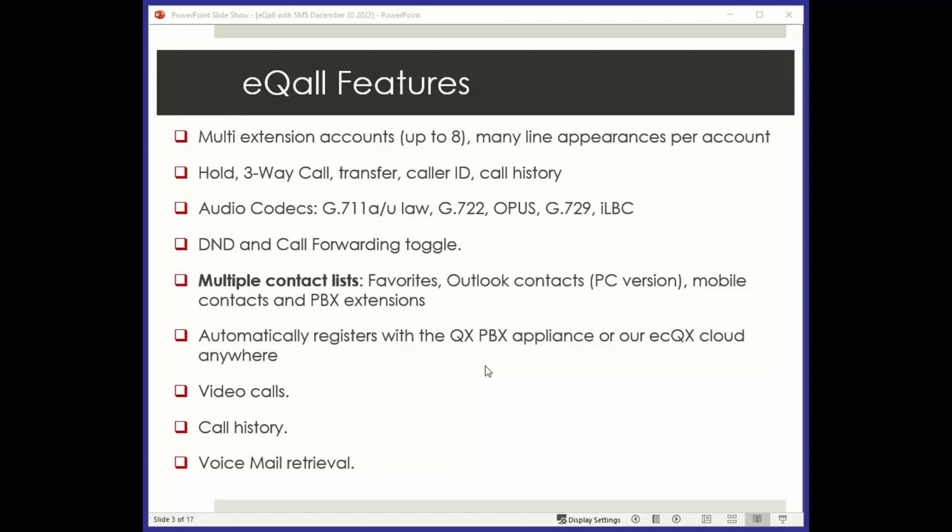It registers automatically with a PBX appliance, and with EC Cloud it's very easy to do. I have a little bit more on a slide later on. You can do video calls, not only between eQall participants, but also with SIP phones that have video capability. And you can have call history and voicemail retrieval in the application.